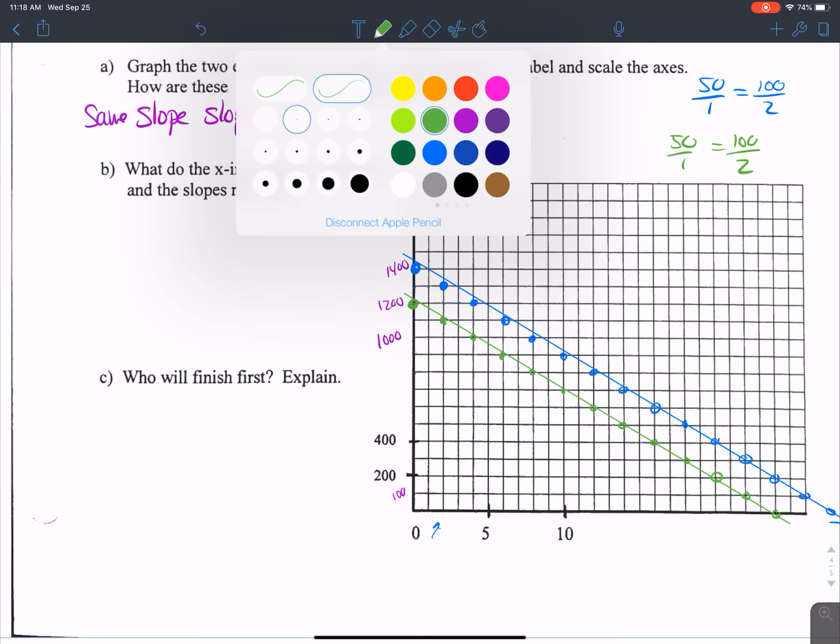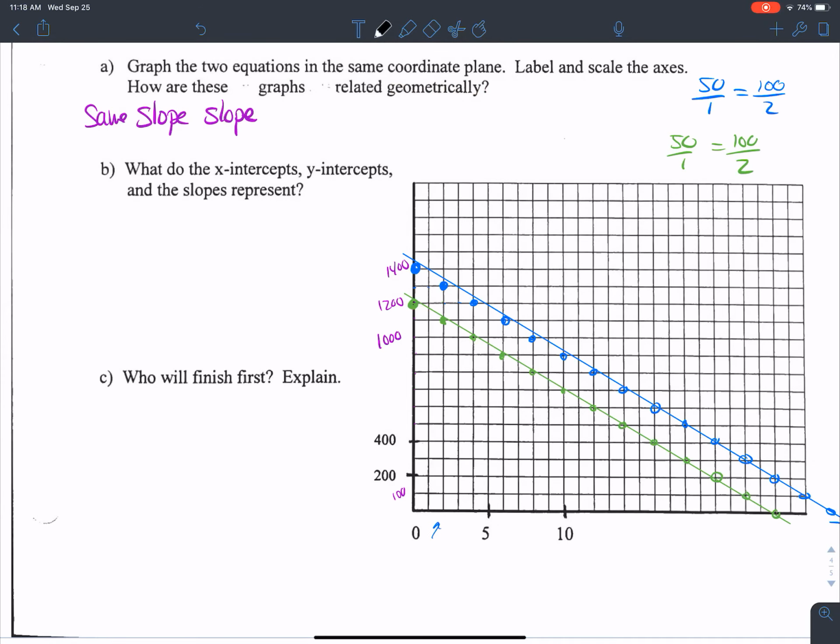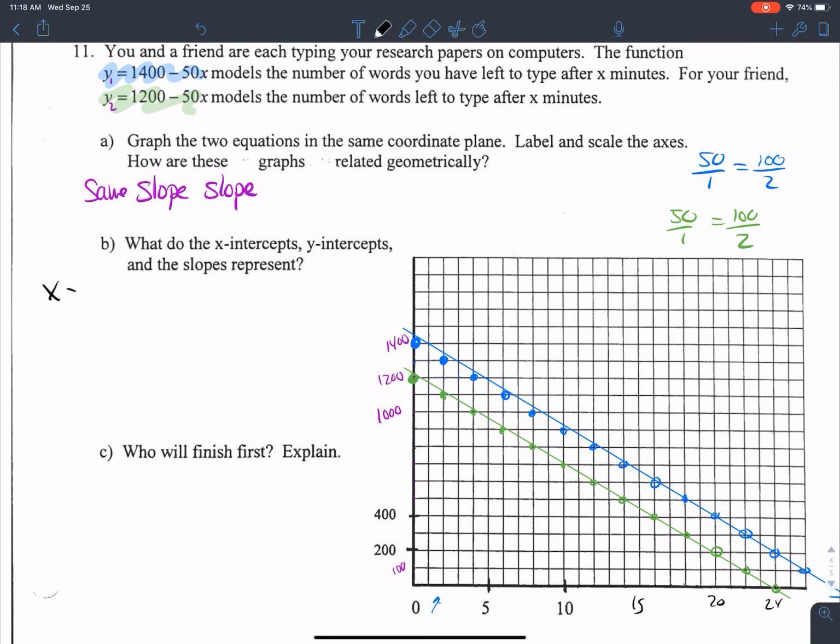We can go back and scale our axes a little bit too. We're counting by ones, so 11, 12, 13, 14, 15, 20, 24, and so on. What are the x and y-intercepts and what does everything represent? So the x-intercept, well, when x is 0, what is x representing? X is minutes. So at 0 minutes, oh, excuse me, that's our y-intercept.